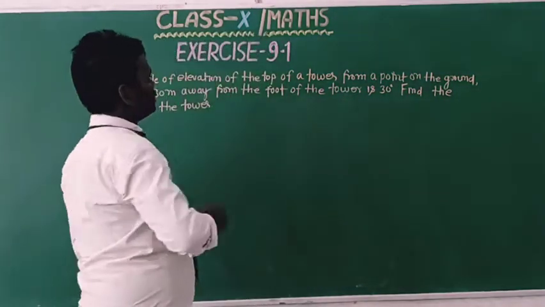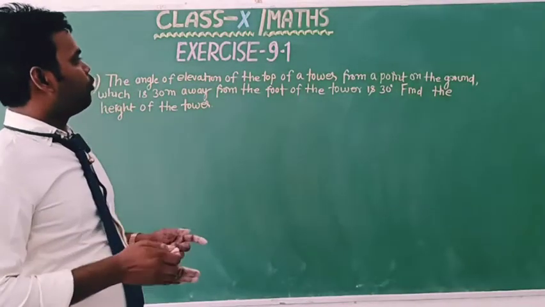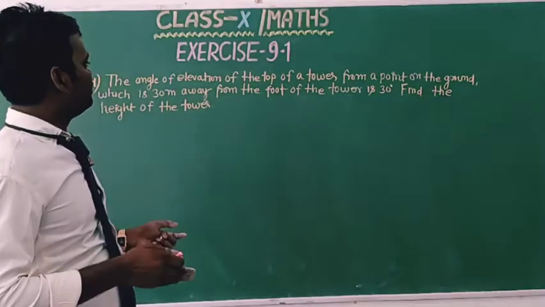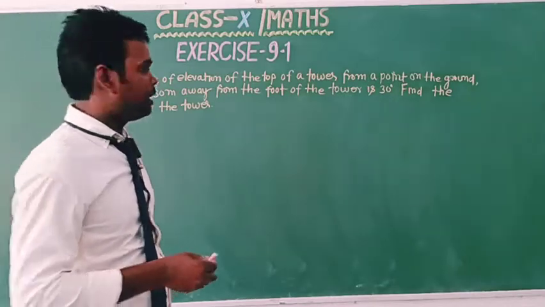the angle of elevation of the top of a tower from a point on the ground which is 30 meter away from the foot of the tower.